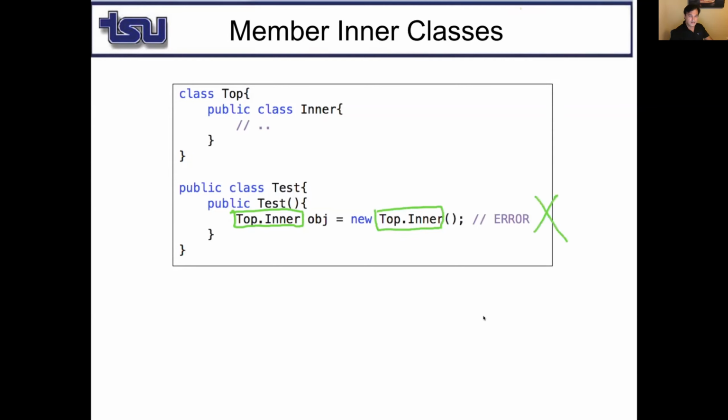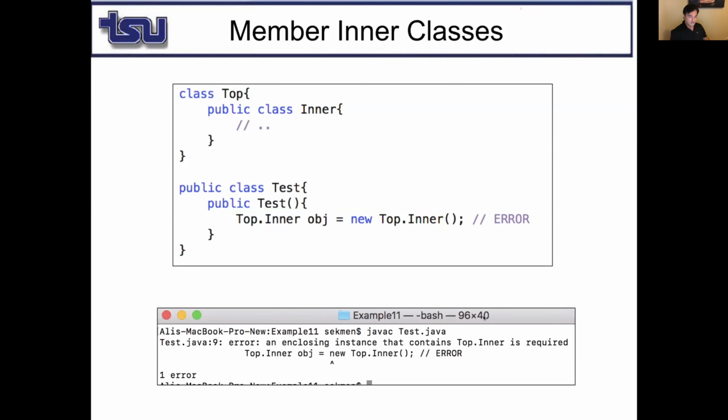However, this is an error. The reason is that in order to create an object of the inner class, first we need an object of the top level class, because non-static members are associated with objects. Therefore, I will need an object of the top level class first in order to do this. As you see here, this will be an error.